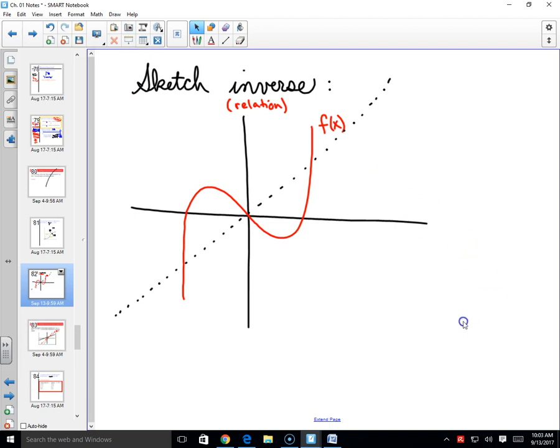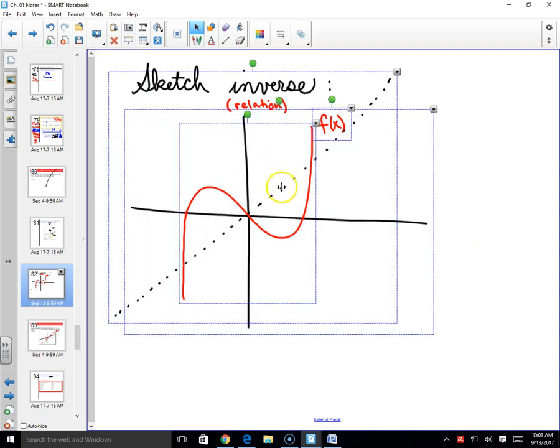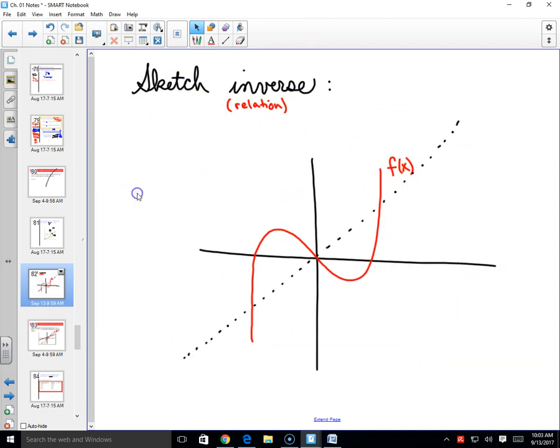How hard have you guys made it? We saw one yesterday. The problem was around the y and it became around the x.